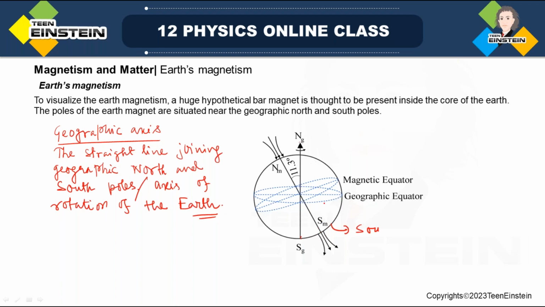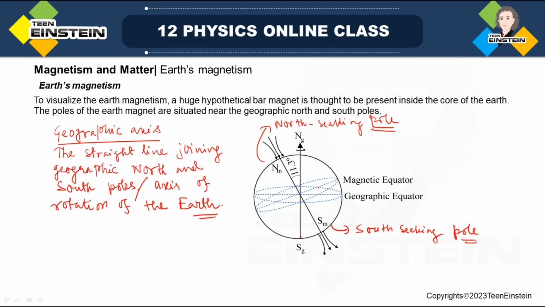Because if you bring a bar magnet, the south pole will be attracted towards this. So this is called the south seeking pole, not exactly the south magnetic pole. And this is obviously called the north seeking pole.